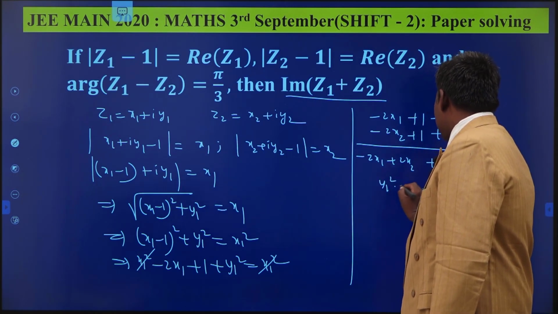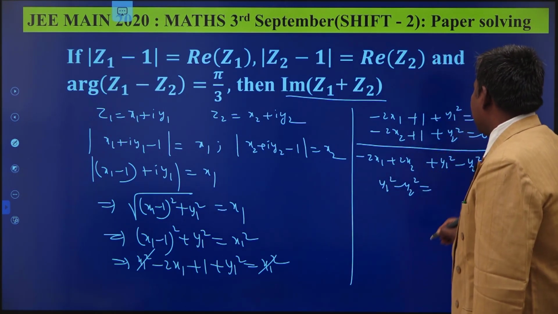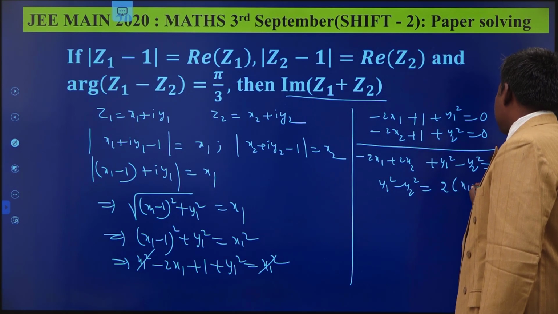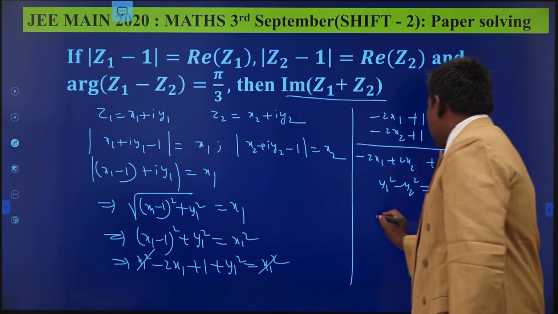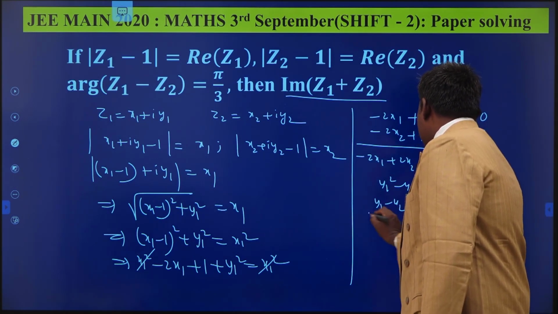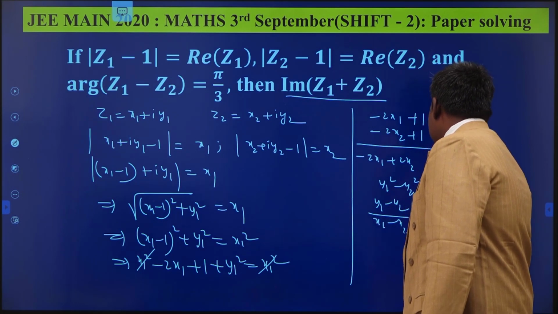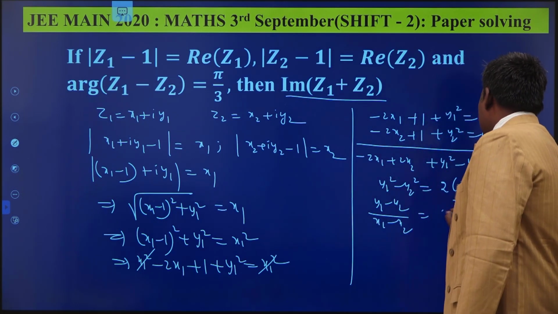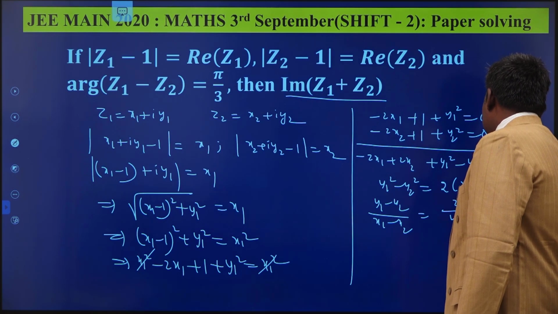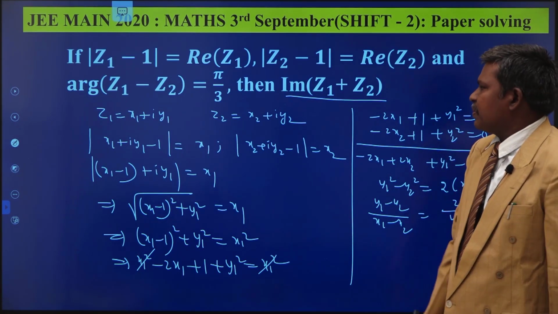So y1 square minus y2 square is nothing but 2 times (x1 minus x2). So (y1 minus y2) by (x1 minus x2) is equal to 2 by (y1 plus y2).